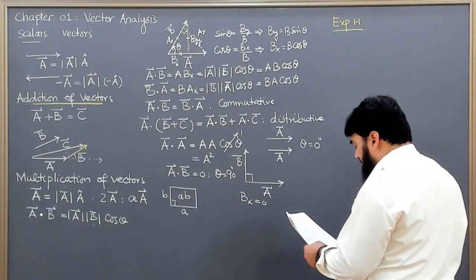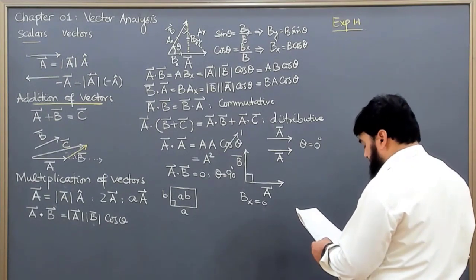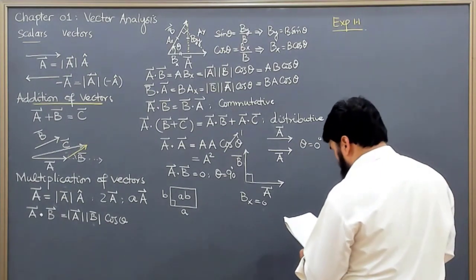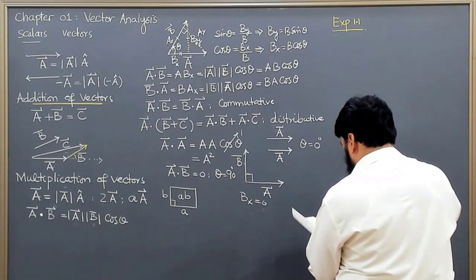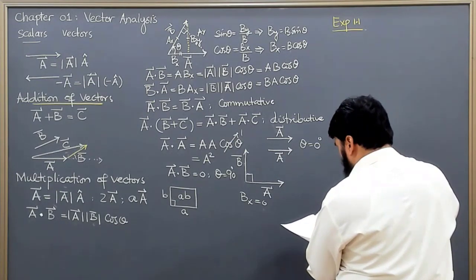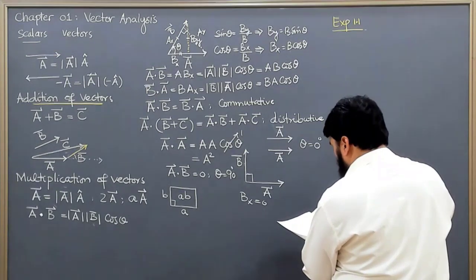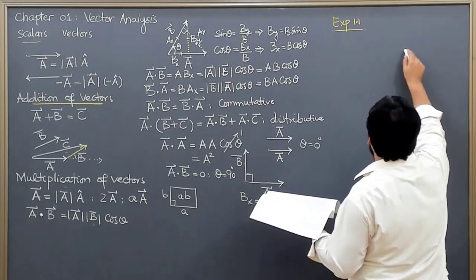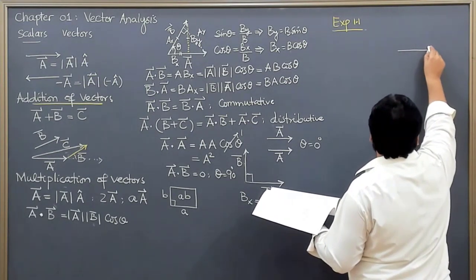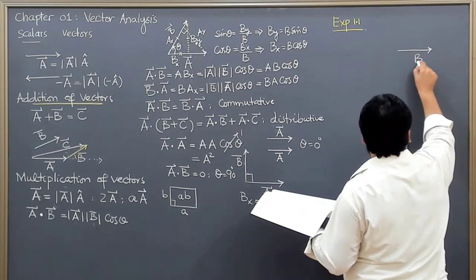Calculate the dot product of C with itself. So it has been shown here in figure 1.7, and figure 1.7 is on the other page here, and this shows that we are having vector B here.